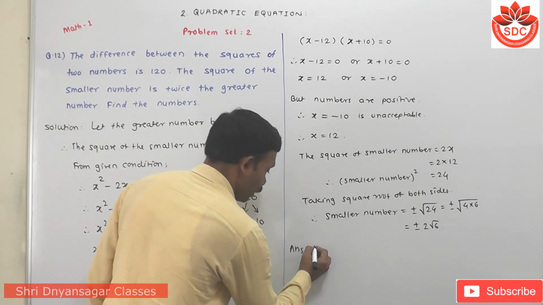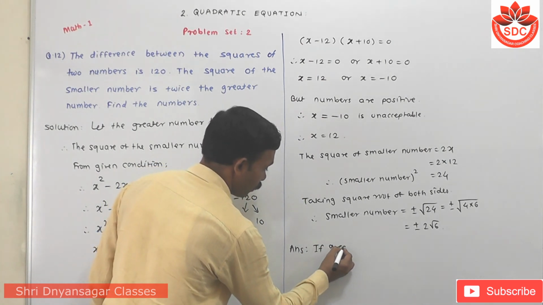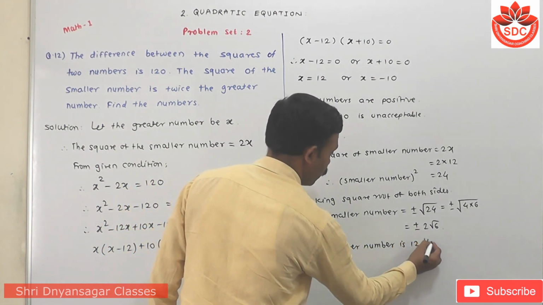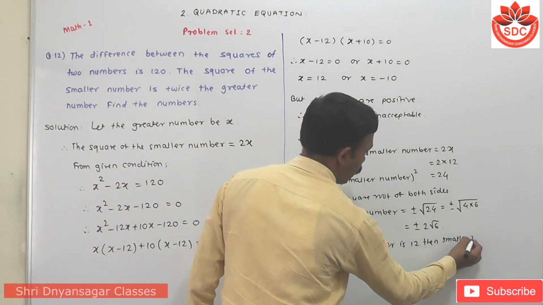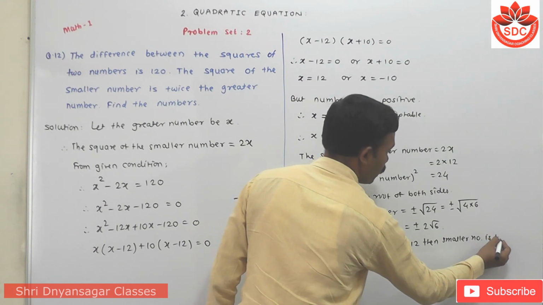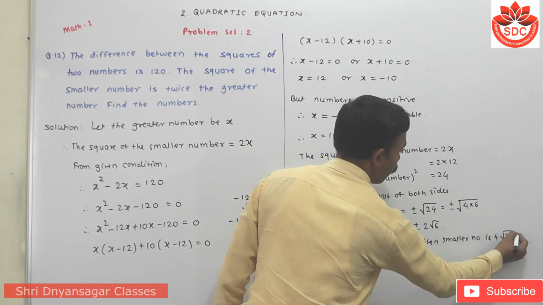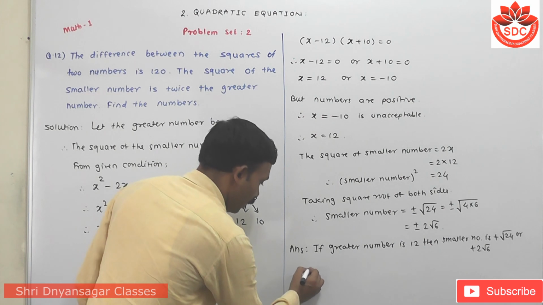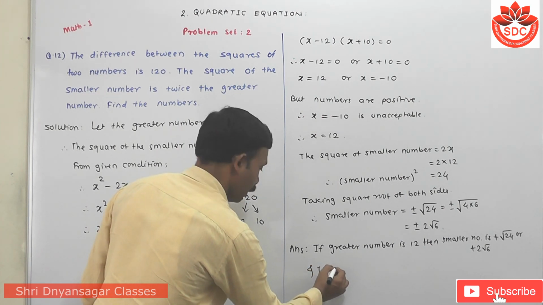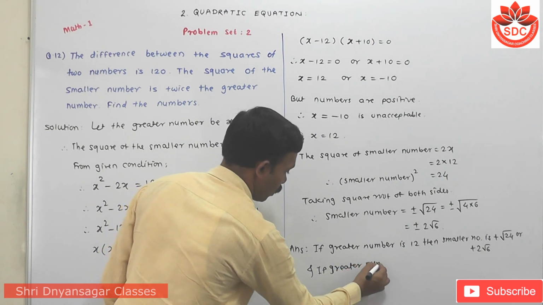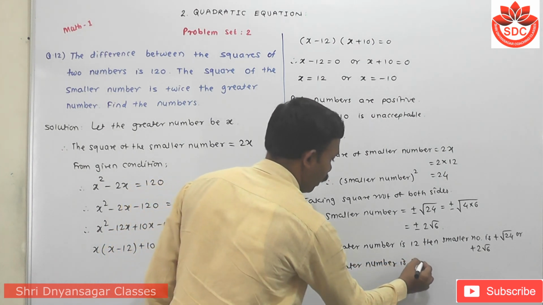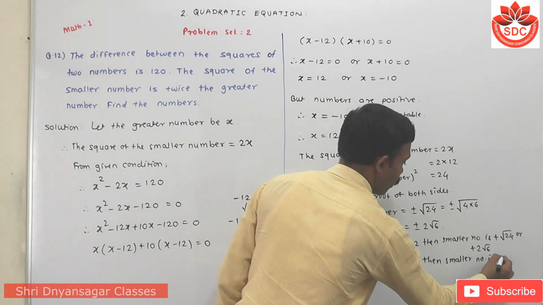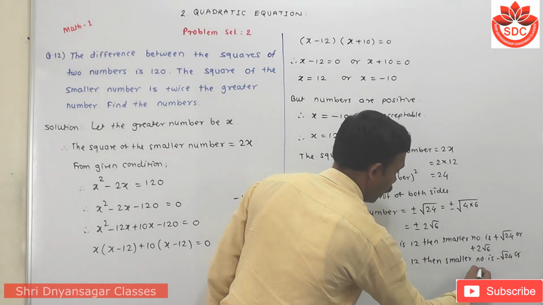So the answer is, if the greater number is 12, then the smaller number is plus root of 24 or plus 2 root of 6, and if the greater number is 12, then the smaller number is minus root of 24 or minus 2 root of 6.